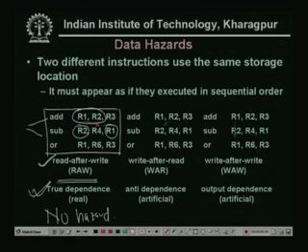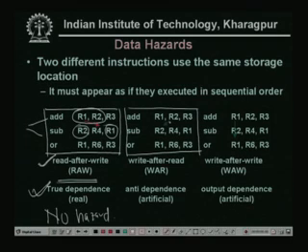Now, next one, say add R1, R2, R3, and this R1 value was here. Now, R2 is subtract R2, R4, R1.